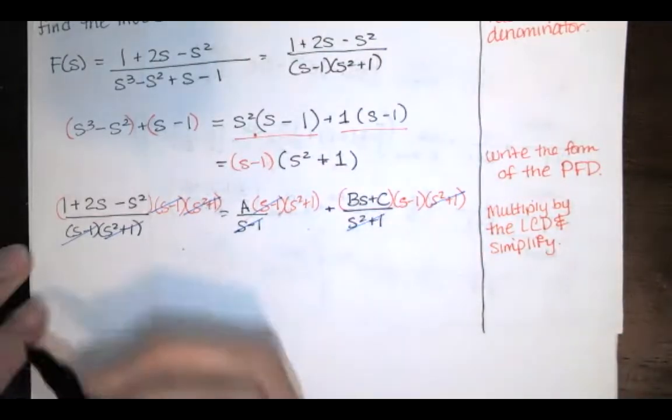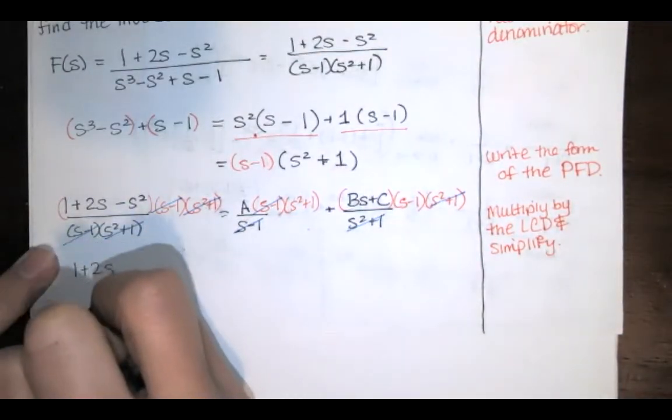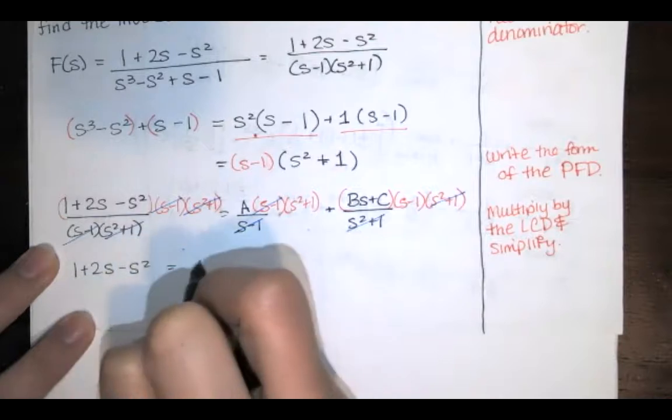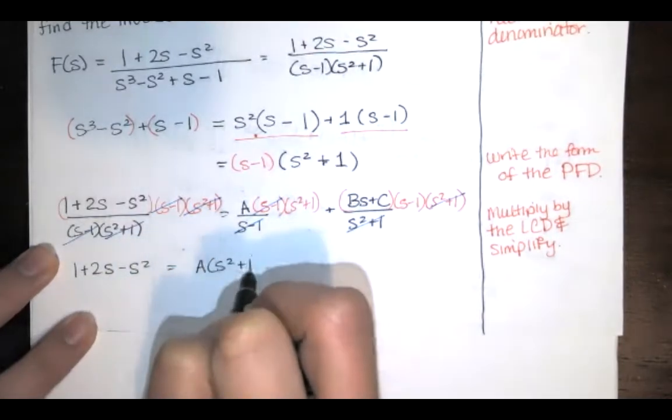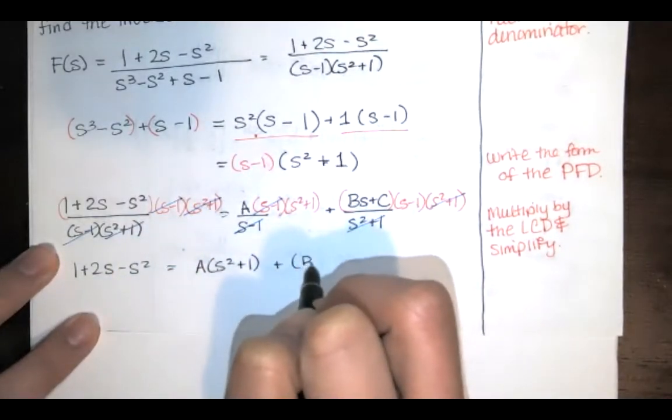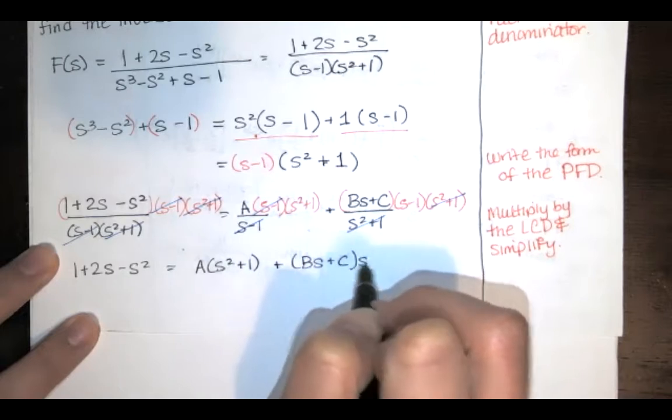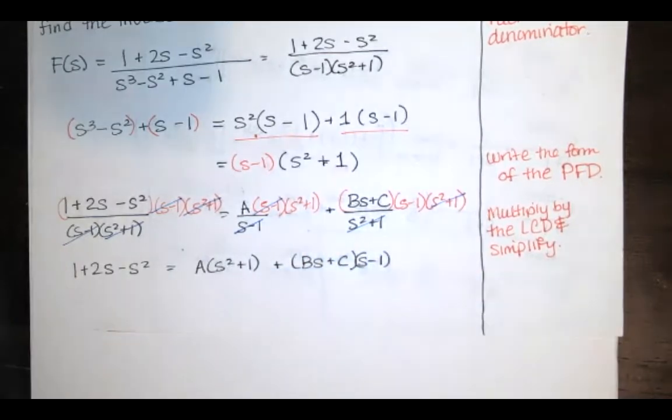Okay, and the original numerator is still there. And then we'll have a times the quantity s squared plus 1 plus bs plus c times the s minus 1. And then from here, you usually just choose s values that will cause the factors to be 0.